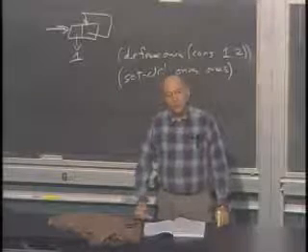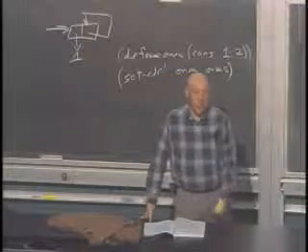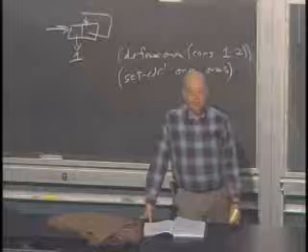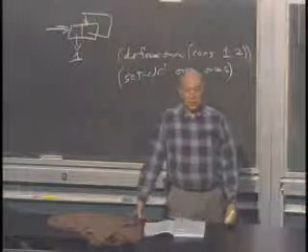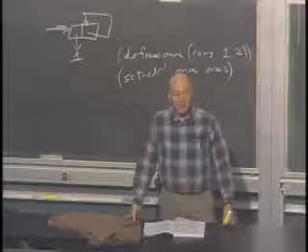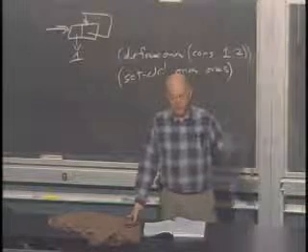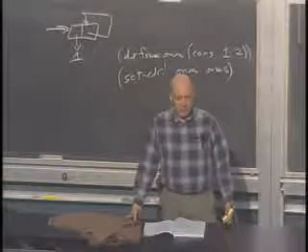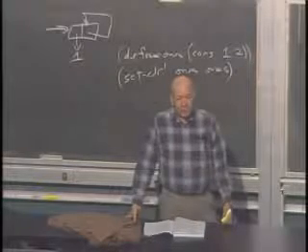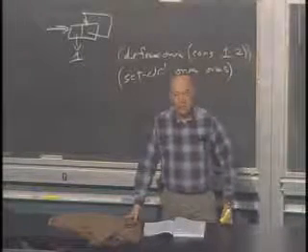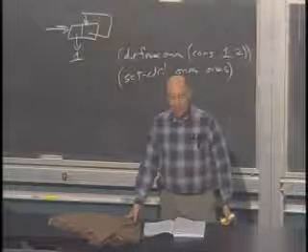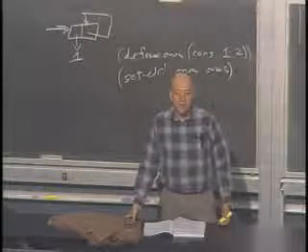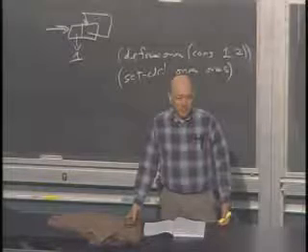Remember, Scheme uses applicative order evaluation, which means when you do a procedure call, first we compute all the argument values, and then we call the procedure and give it the actual values themselves. Normal order says we call the procedure, and it gets the argument expressions, and it can decide whether it actually needs to evaluate them or not.